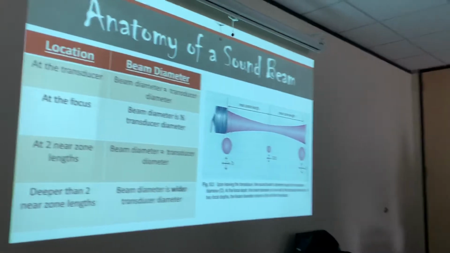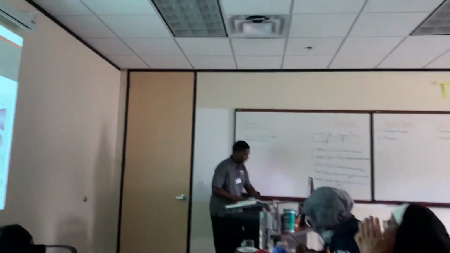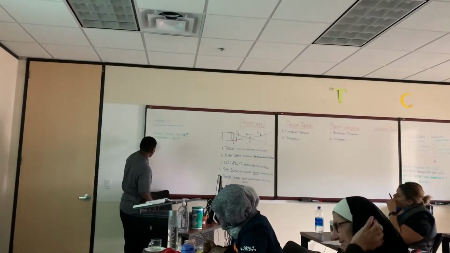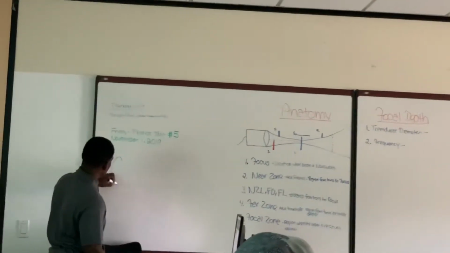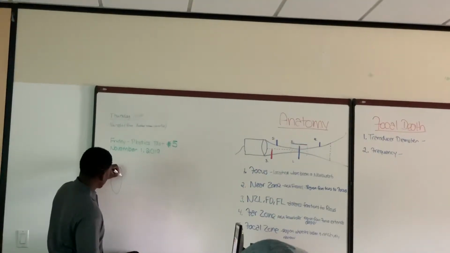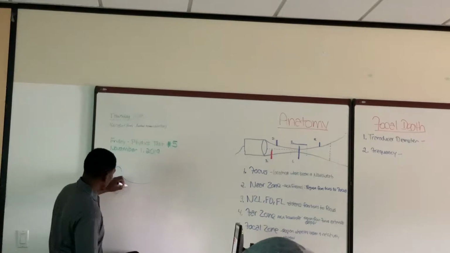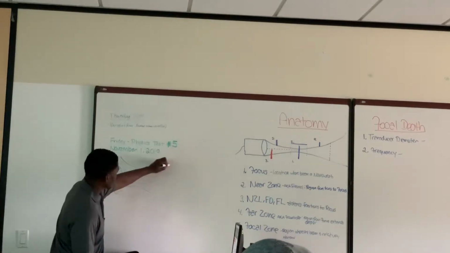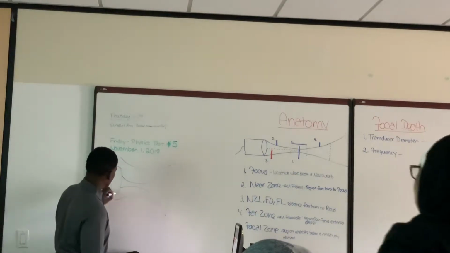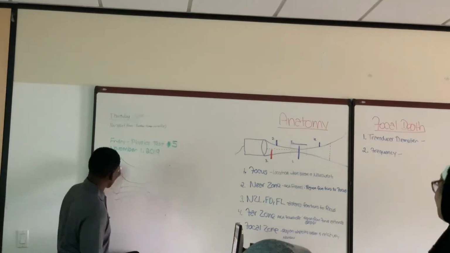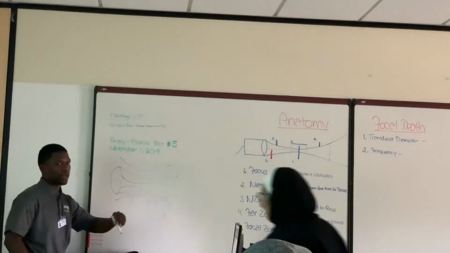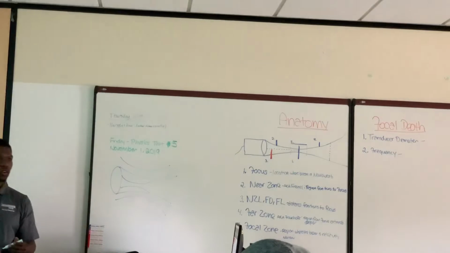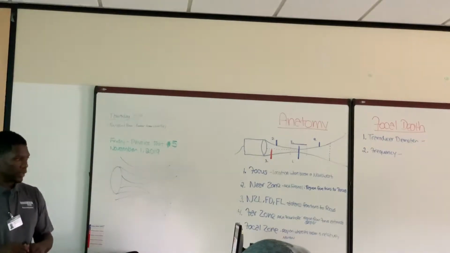Whatever the size of our PZT element, whatever the size of the face of the transducer, my beam is not going to come out wider or narrower. It's going to be the same size as the element itself.